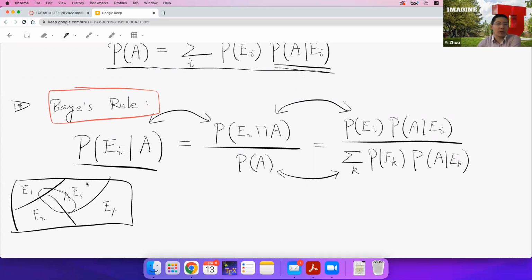So here we are talking about every piece of partition EI conditioned on the event A. And such a conditional probability can be related to the probability of event A conditioned on these EIs. Right. So this equation builds a bridge between these two conditional probability terms. And this is how we calculate the conditional probability in practice.